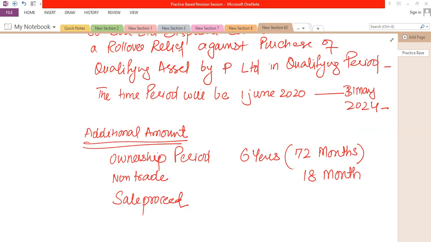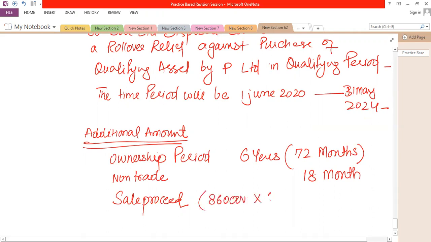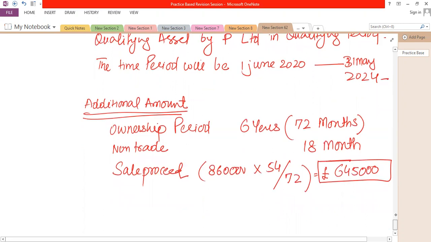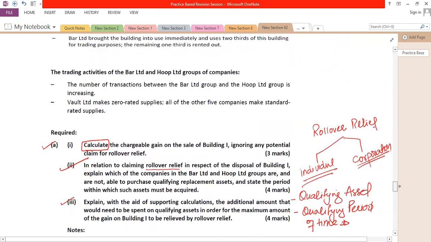So 8,60,000 times 54 trade over 72 total. The relevant sale proceed is 6,45,000. This proceed is relevant for rollover relief. Now, what about the cost?